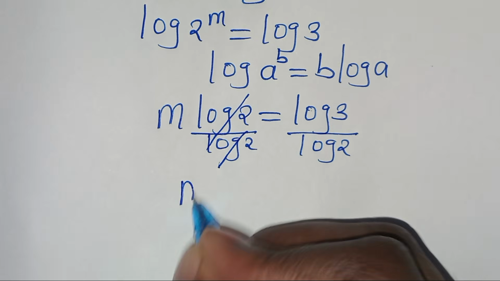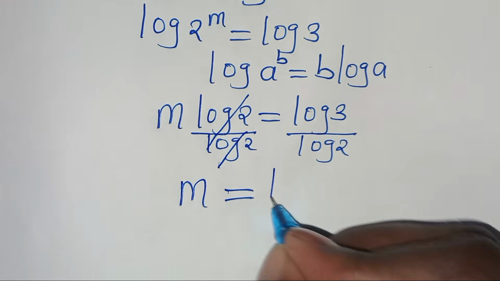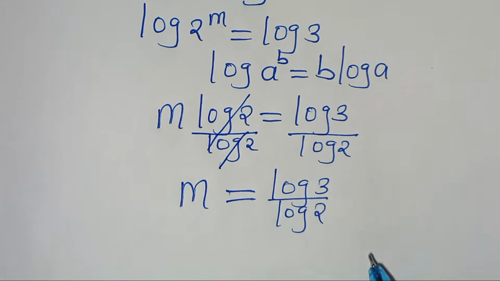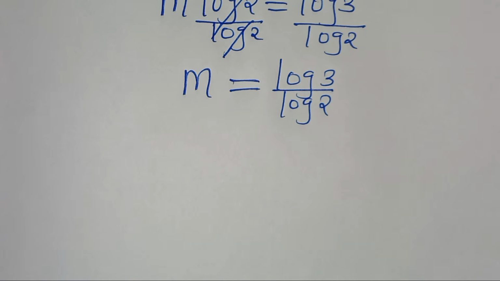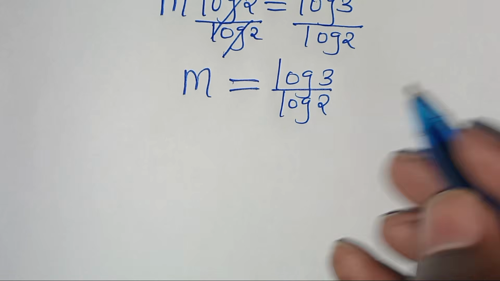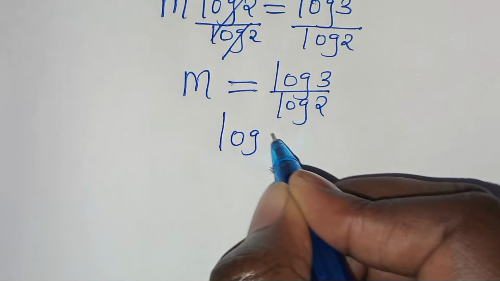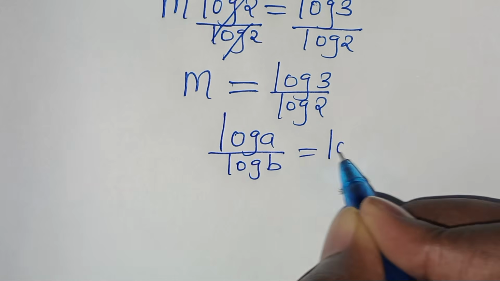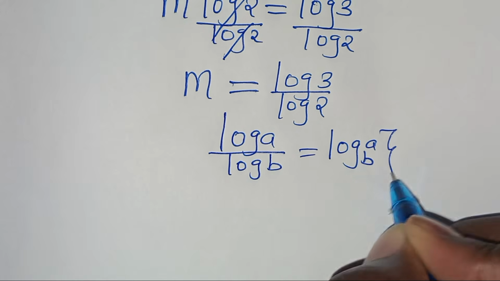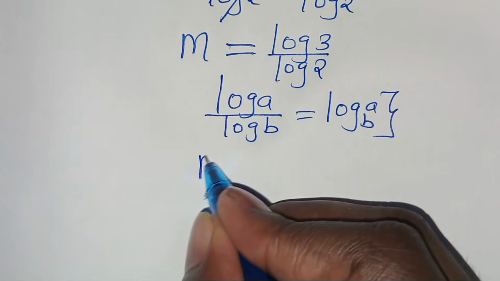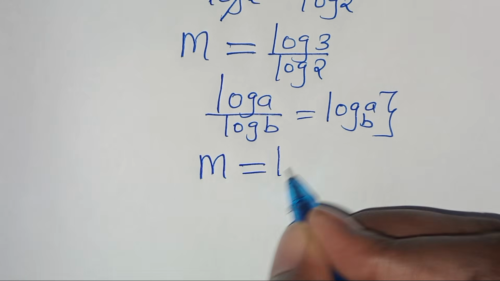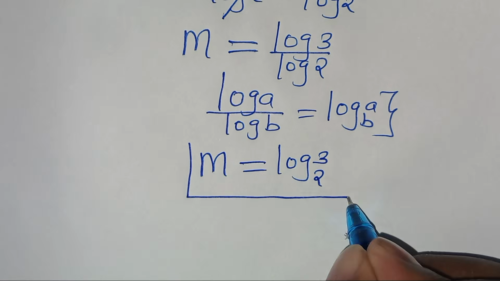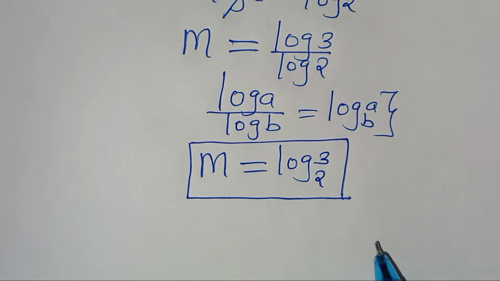And this means that m is equal to log 3 divided by log 2. This is in the form of log a over log b, which can be expressed as log a to base b. So this means that m is equal to log 3 to base 2. This is the value of m.